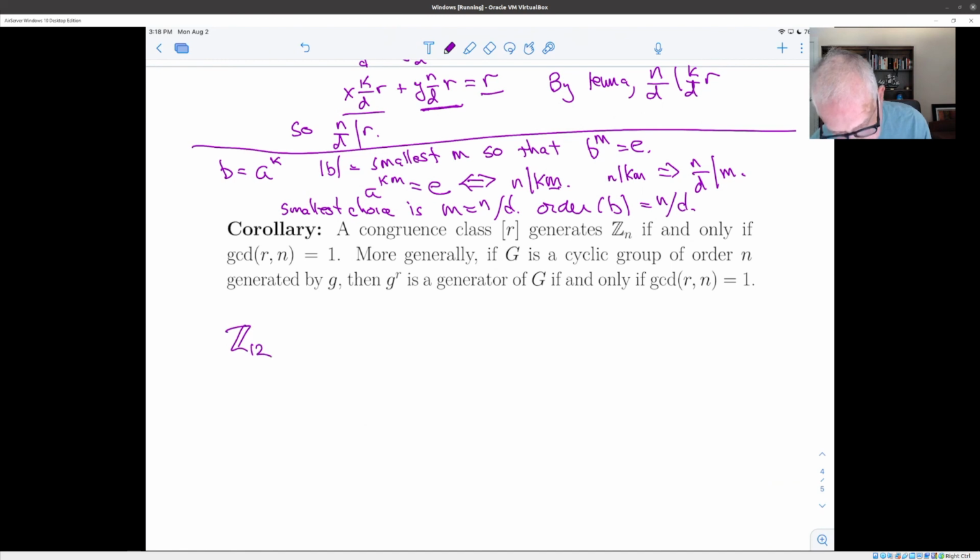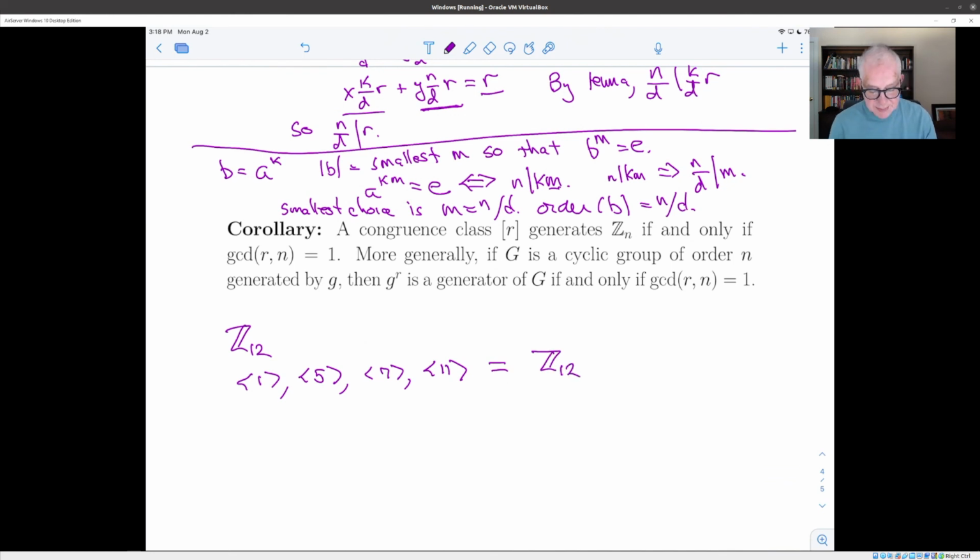The generators for Z12 are 1, not 2 because 2 has a factor in common with 12, not 3 because 3 has a factor in common with 12, not 4 because 4 has a factor in common with 12, but 5 because 5 has no factor in common with 12, not 6, but 7, not 8, not 9, not 10, but 11.